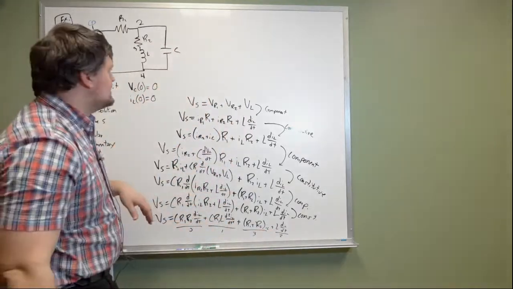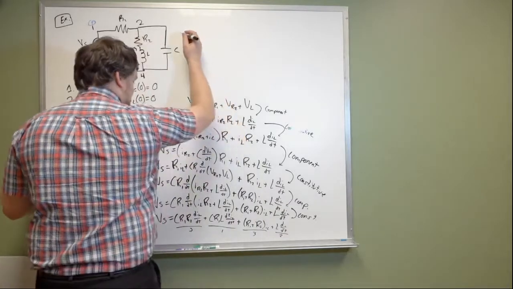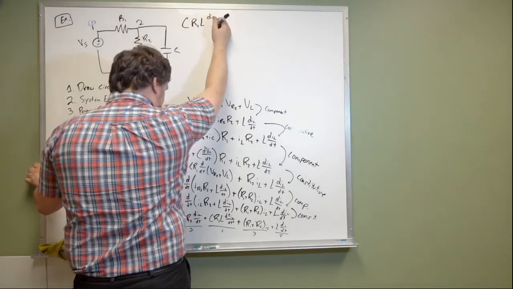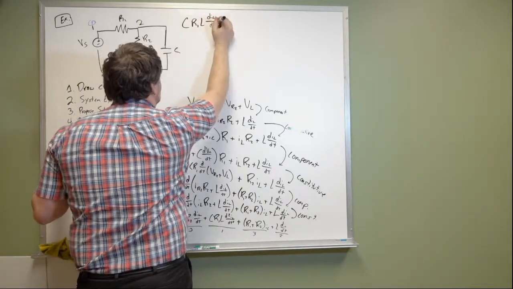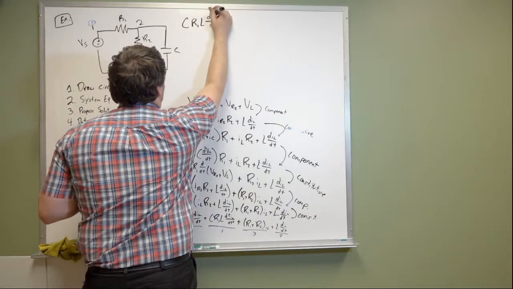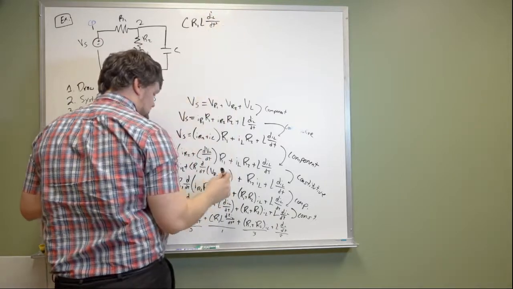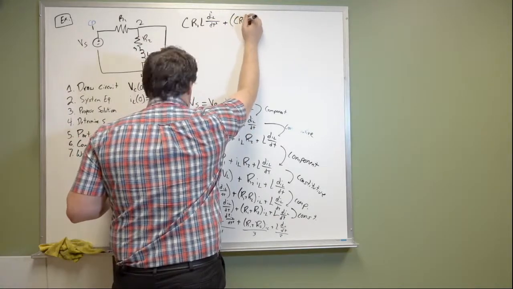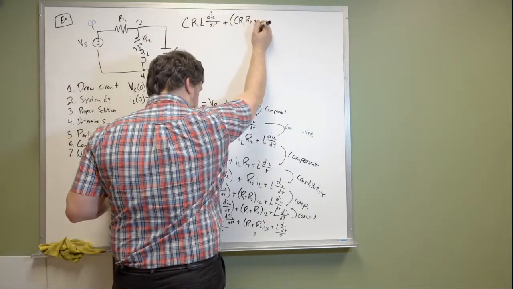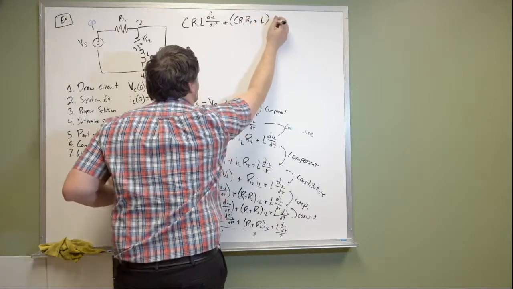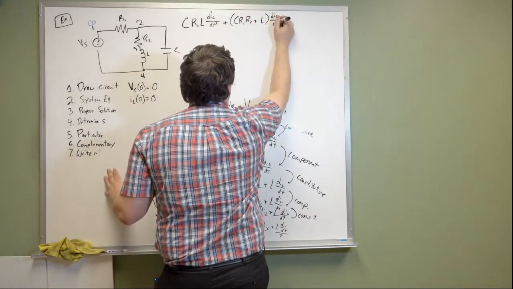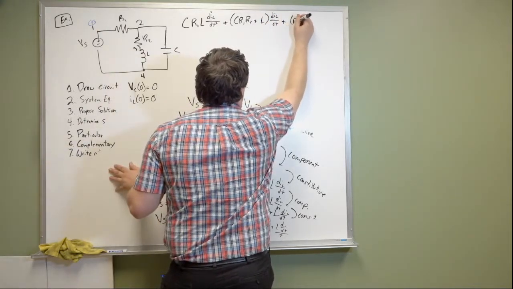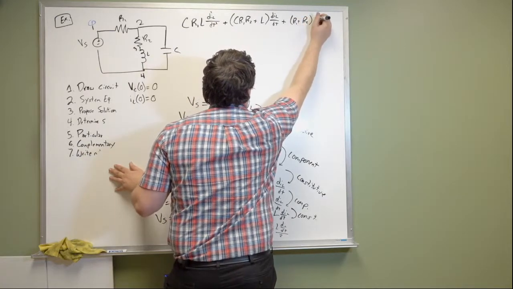So I'm going to move that now to the top of the board. This will have C R1 L d squared IL/dt squared, plus then we have C R1 R2 plus L times dIL/dt, plus our last term, which is (R1 plus R2) IL.